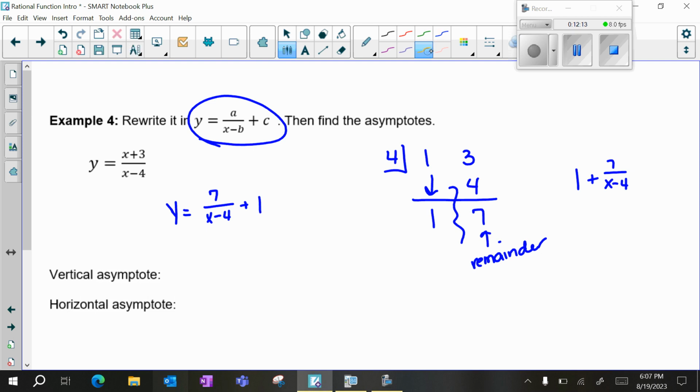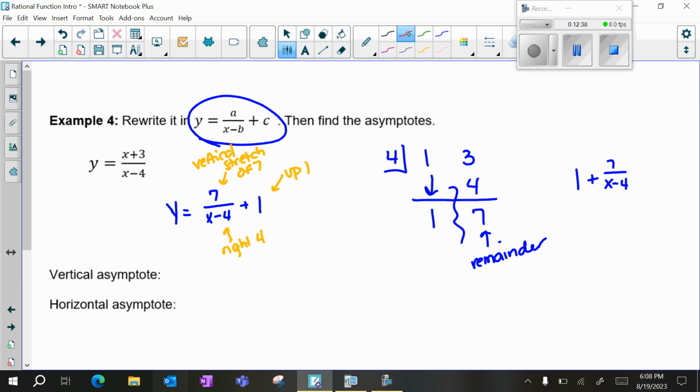Because now I've identified, they didn't ask me to, but you should be thinking this is up 1, this is a vertical stretch of 7, and this is a shift right 4. So that's why we want it in this form, because it's easier to identify our transformations.